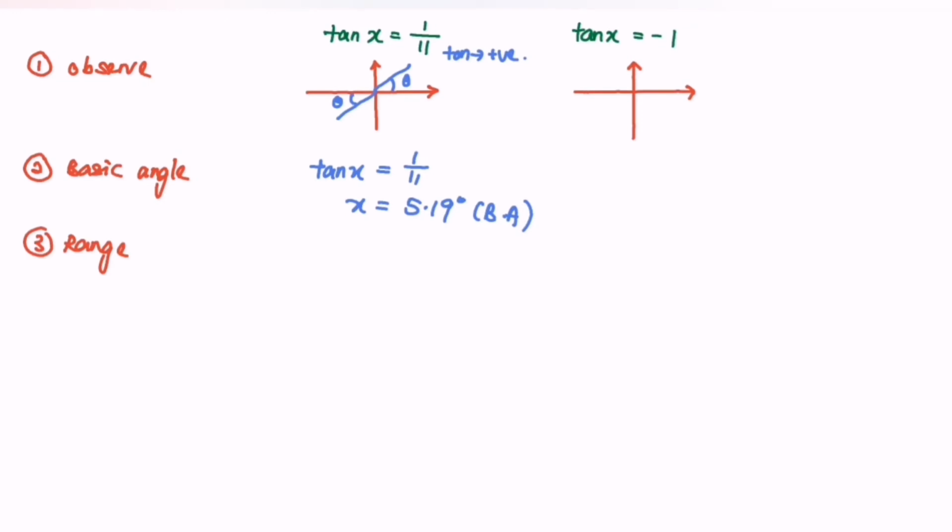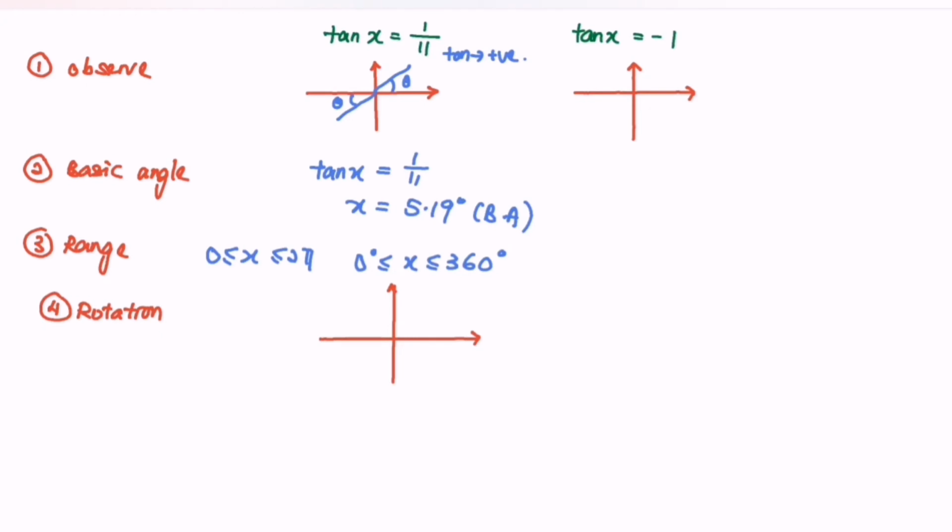Next, we are going to determine the range. The range given by the question is 0 until 2 pi. I prefer to convert into degrees because it is easier for me to visualize, so the range will be 0 until 360 degrees. Step number 4, I'm going to refer to the diagram and make the rotation based on the range.